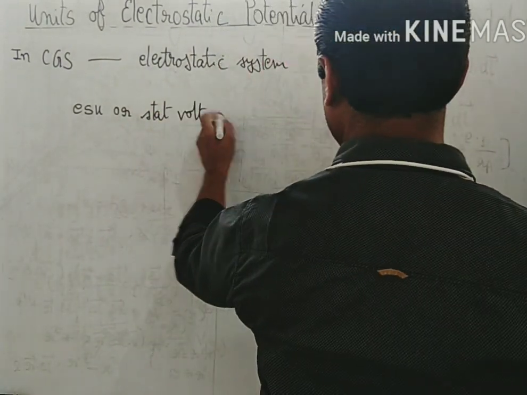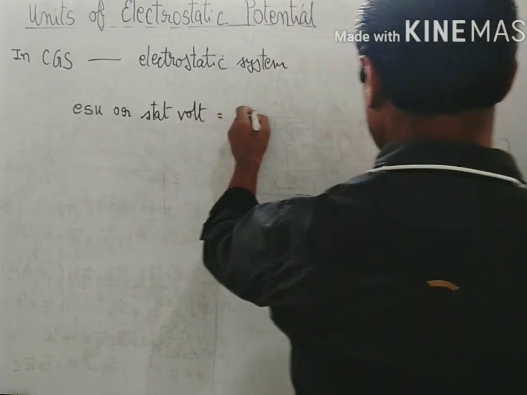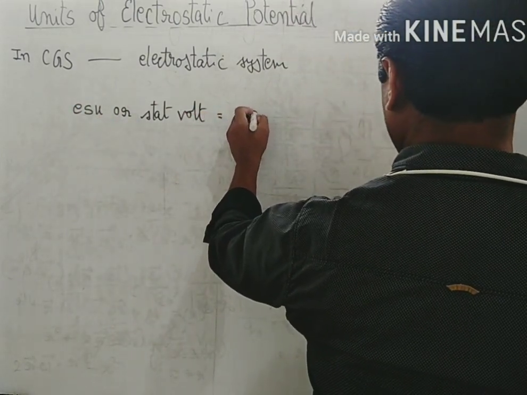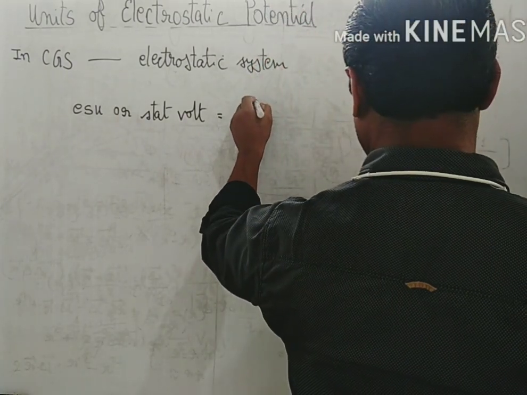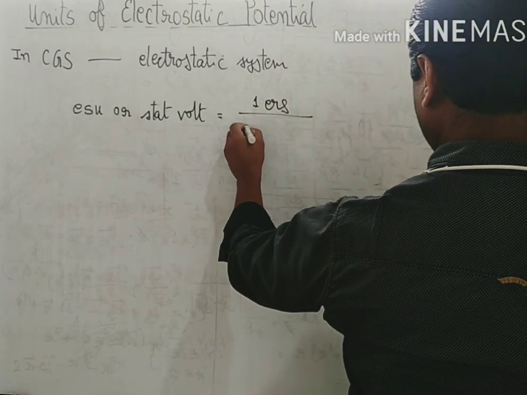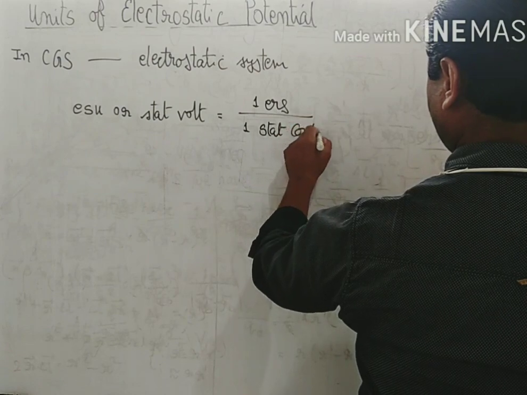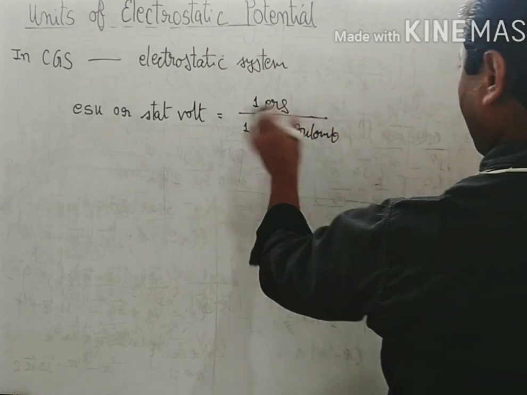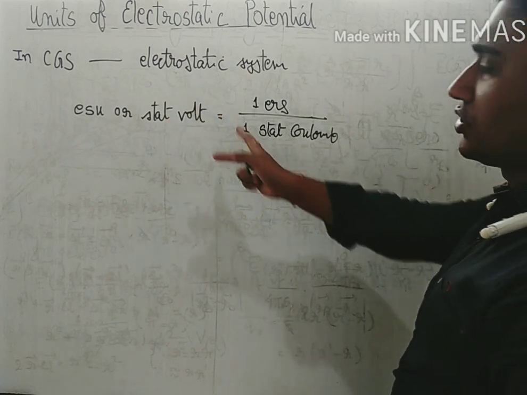Stat volt, electrostatic unit of potential or stat volt, which is equal to, we can write work done. Work done in CGS is written to be erg. So 1 erg upon charge, test charge. So charge is taken to be stat coulomb. So this way we can define this stat volt or ESU of potential.